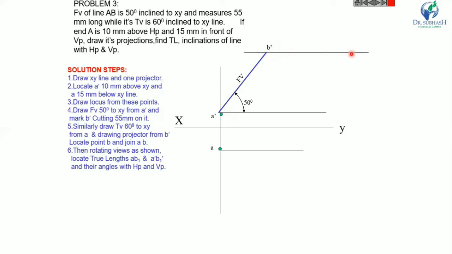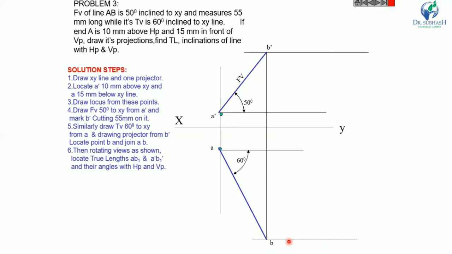Now draw locus from B dash and a line which is perpendicular to XY from B dash. Now from A, draw a line at an angle of 60 degree. So it will intersect this vertical line at point B. This AB is a top view.